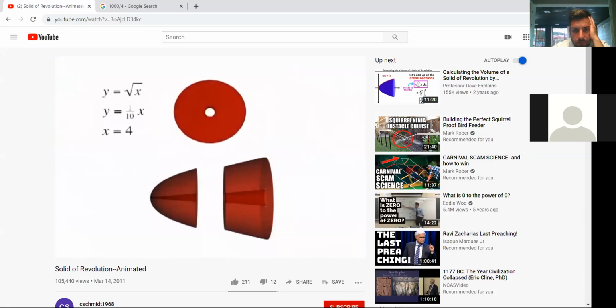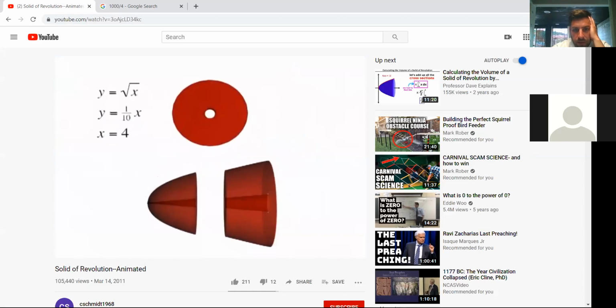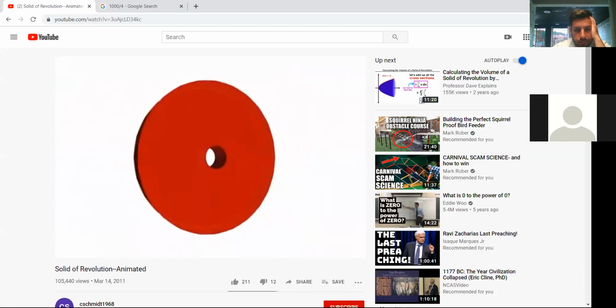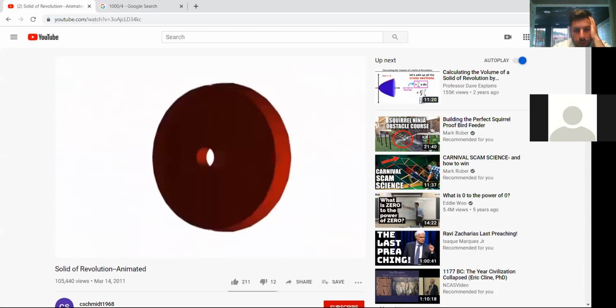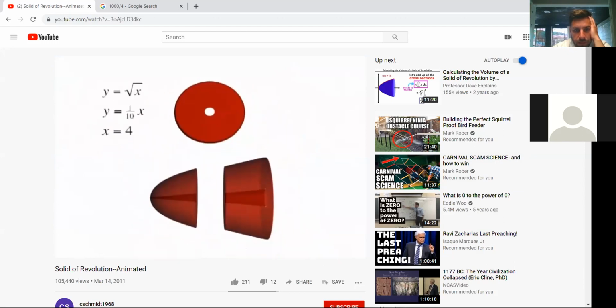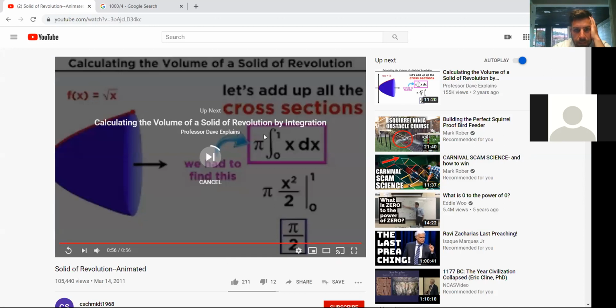And then how do you analyze that solid? You chop it into pieces, look at the size of the piece, and approximate it using those shapes we discussed earlier in the class. And that's how this works.